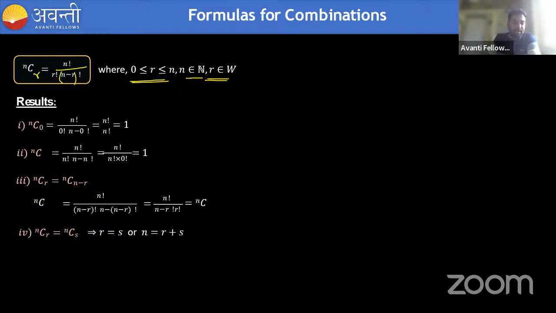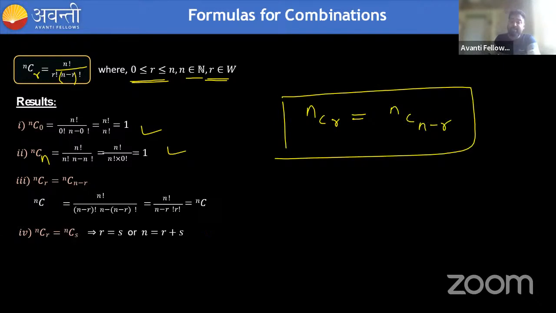This is the first, and this is the second. Remember, this is an important formula: nCr is equal to nC(n minus r). Remember this formula, nCr is always equal to nC(n minus r). Suppose I say 3C2 is equal to 3C1, that is 3 minus 2.